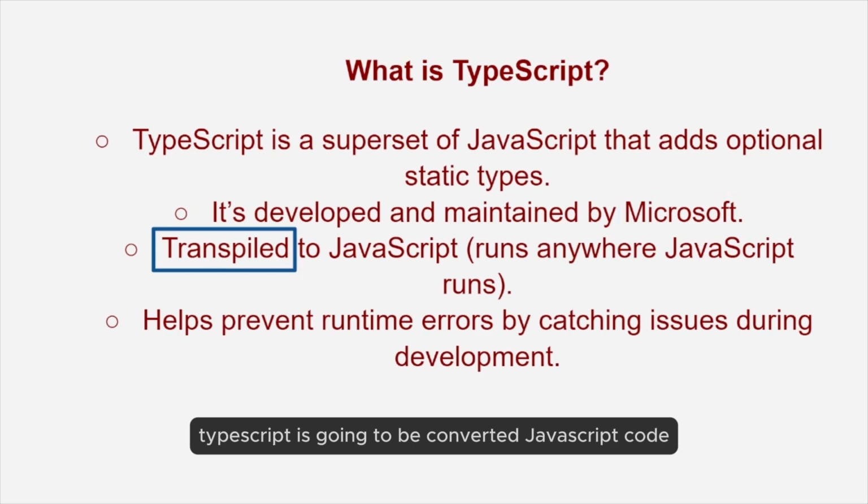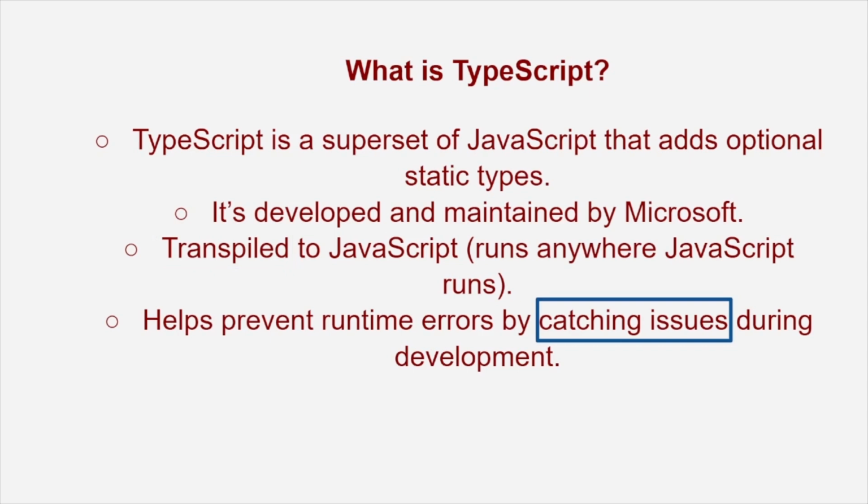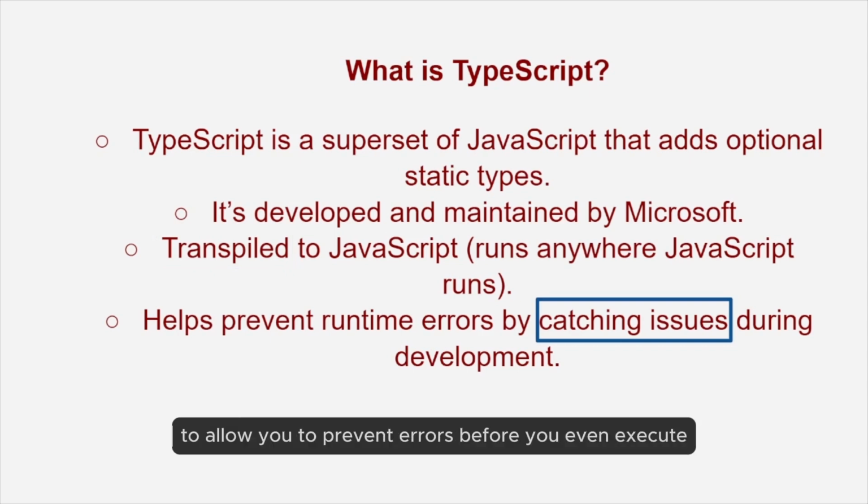Then lastly, this helps prevent runtime errors by catching issues during development. So the keyword in here would be catching issues. TypeScript has multiple features and supporting capabilities to allow you to prevent errors before you even execute your lines of code.